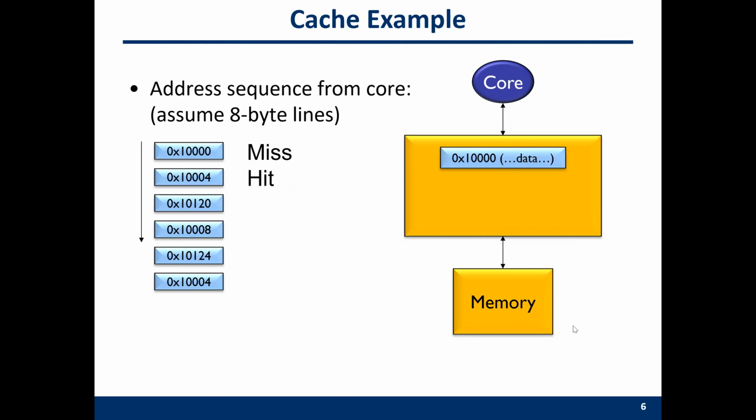When you try to read the second access, because each line is 8 bytes, from 1000 to 1007, these 8 bytes are actually in one cache line. So for the second access, you can actually find this data in the cache.